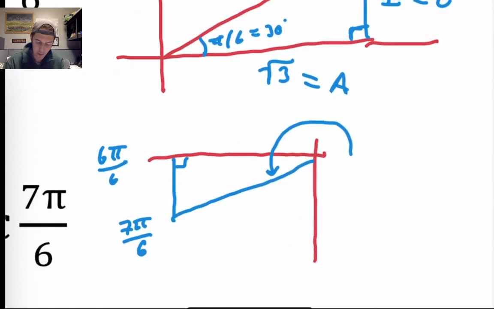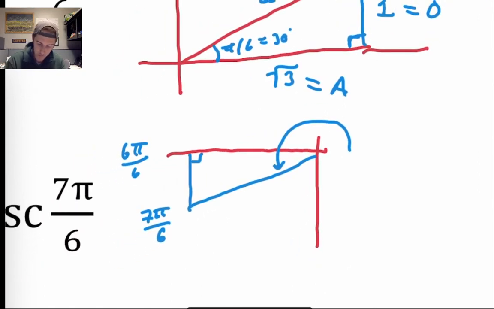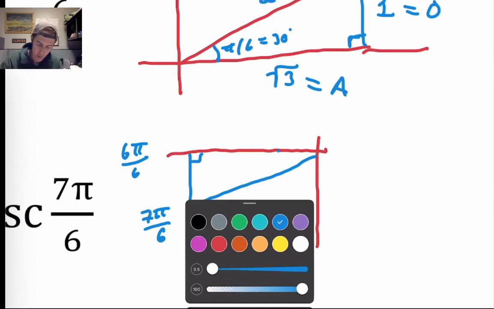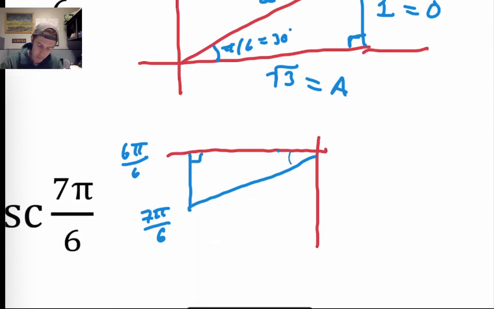I'm asking you that because I want to know the size of this reference angle right here. And I'm telling you that that is pi over 6, because the difference between 6 pi over 6 and 7 pi over 6 is pi over 6.